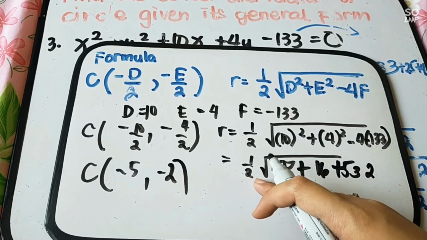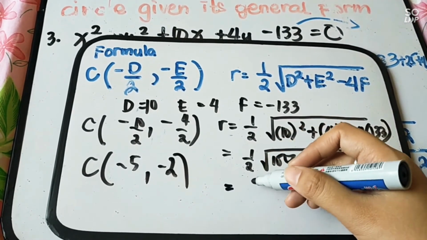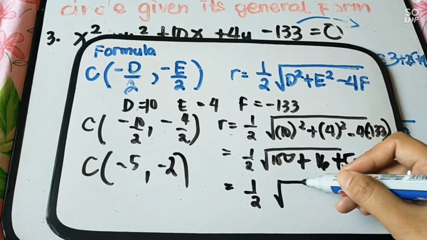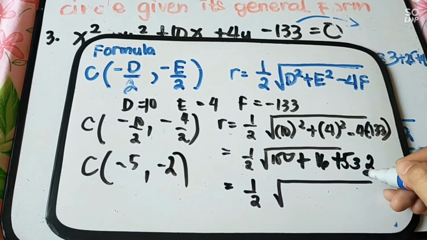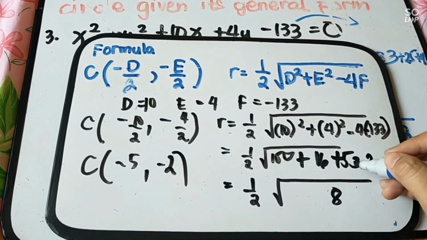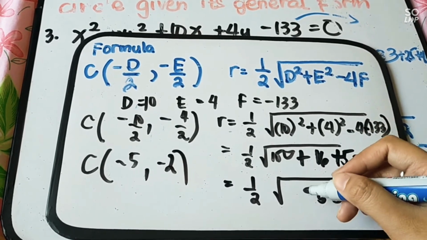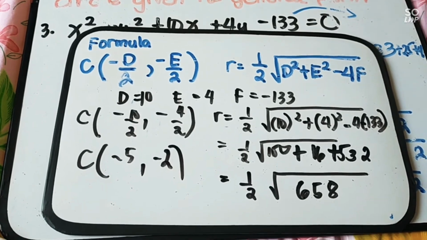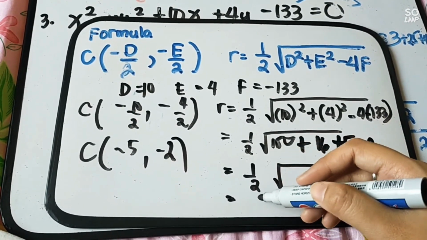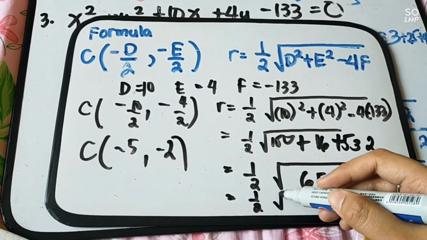Then you will add these three, it is equal to 1/2 of the square root of, let's add all, we have 8, 4, 5, 5, then 658. Then, we have here 1/2 of the square root of that.